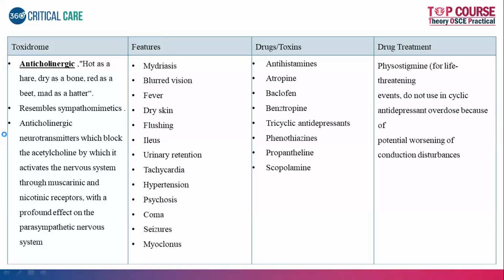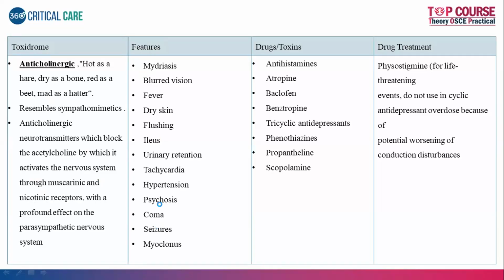Now coming to the first one, anticholinergics. They usually resemble sympathomimetics, and the mechanism of action is that they block acetylcholine, by which it activates the nervous system through muscarinic and nicotinic receptors. Now coming to the features.